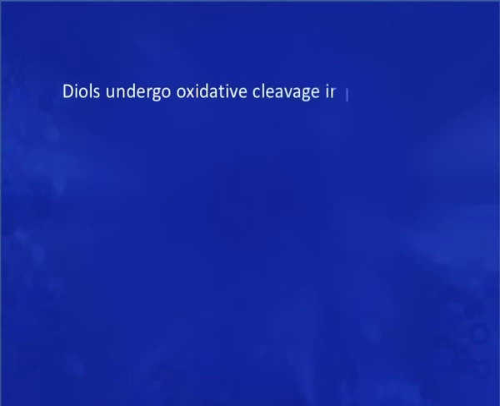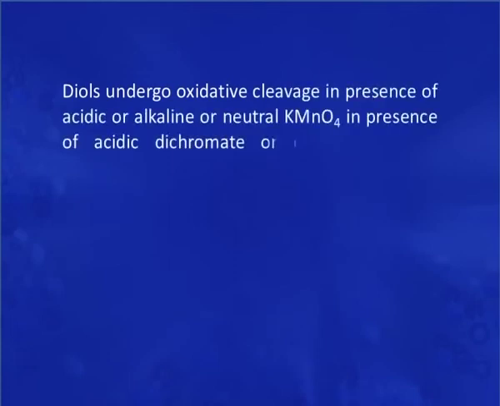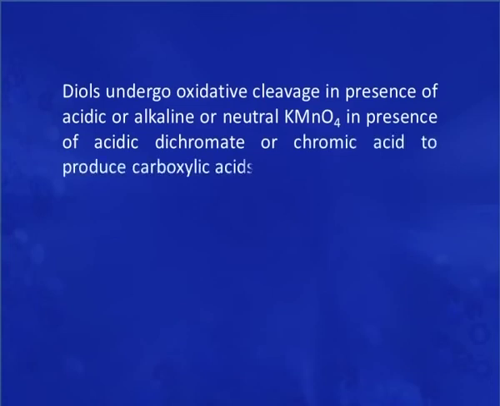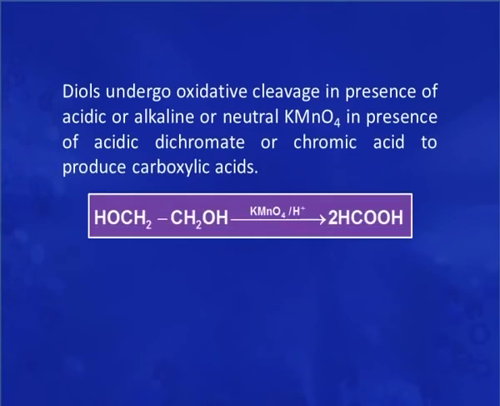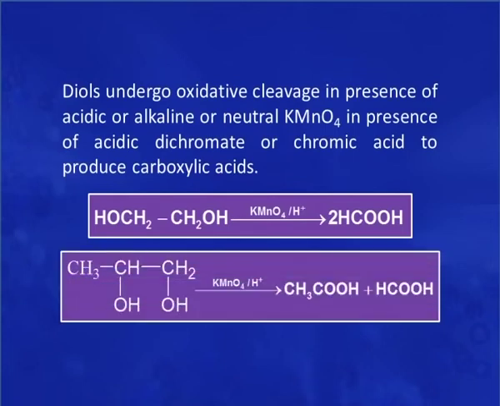Diols undergo oxidative cleavage in the presence of acidic, alkaline or neutral potassium permanganate, or even acidic dichromate or chromic acid, to give two carboxylic acids. The product formed contains fewer carbons than the starting diol.